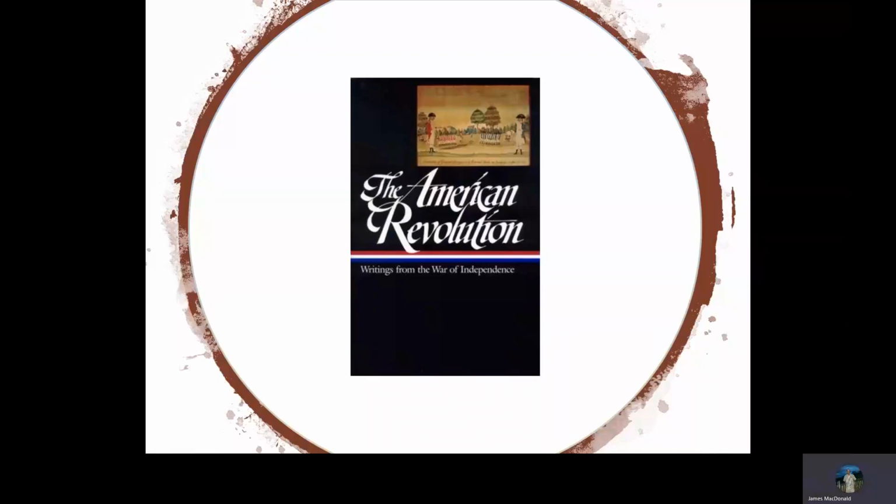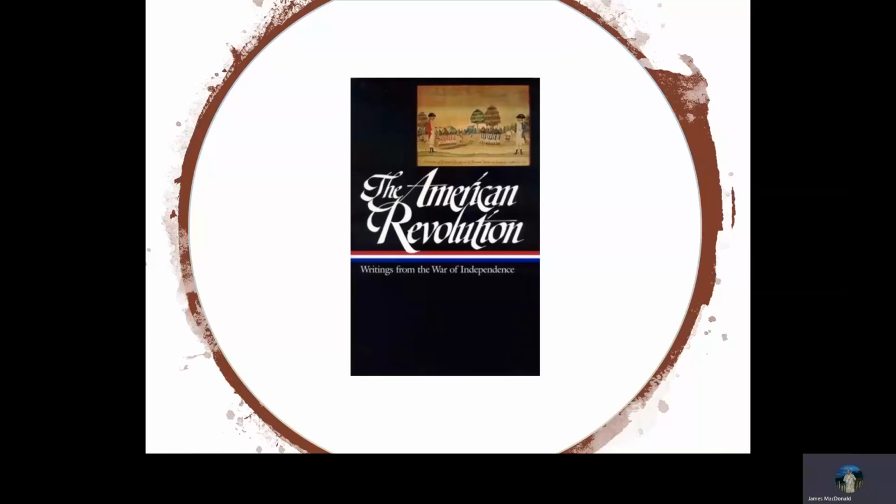Whether it be Joseph Plum Martin, who was a teenager who enrolled in the Continental Army. Whether it be any kind of former slave or enslaved individual who wrote an account during the time of the American Revolution. It could be a church sermon. It could be a letter from George Washington to John Hancock.